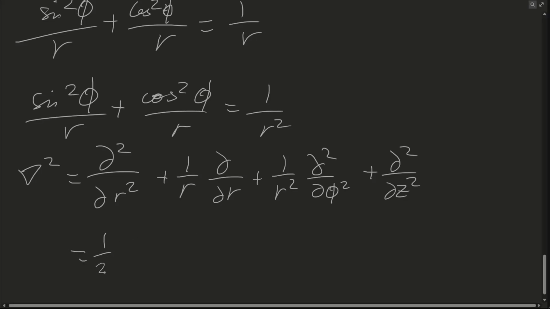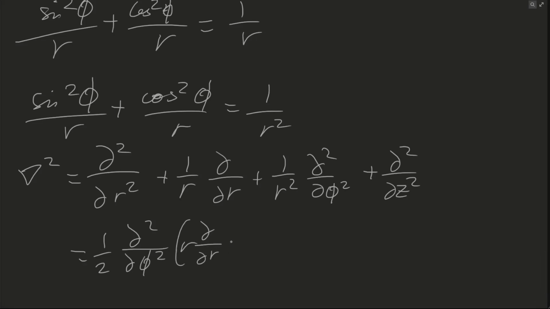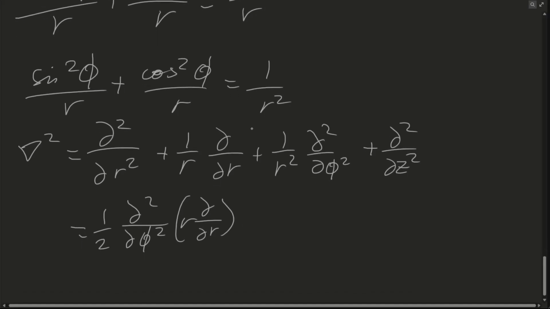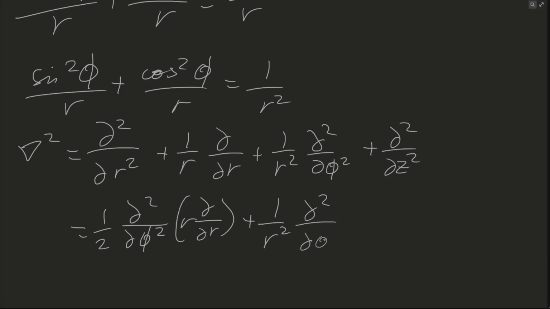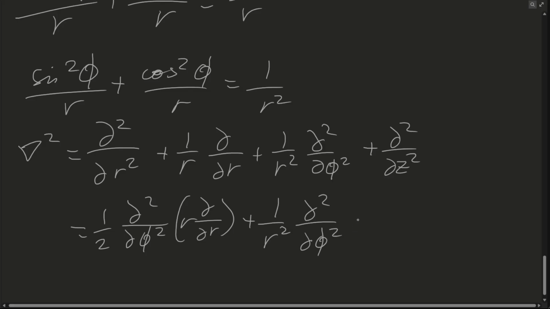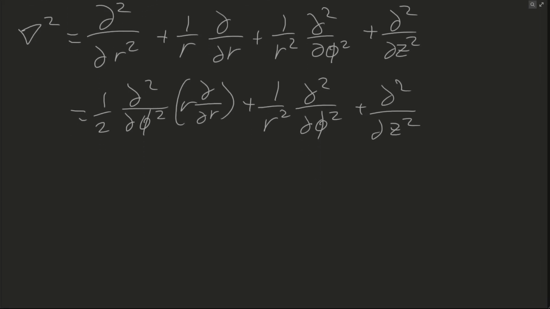I wish there was a better way of writing this. I'm sure there is one, I just don't know it. Stop calling them partials, start calling them derivatives. I'm being silly. There we go. Second derivative with respect to z.